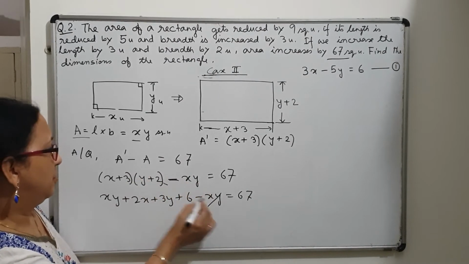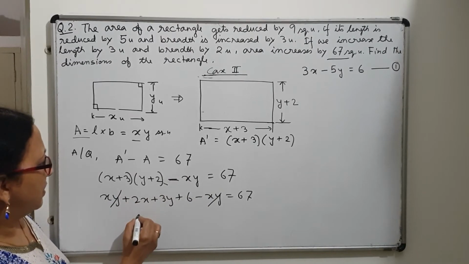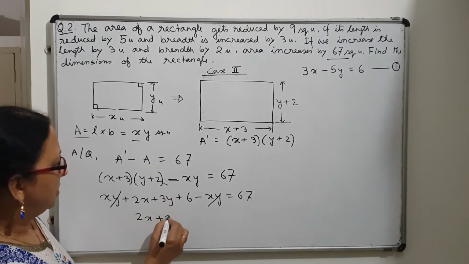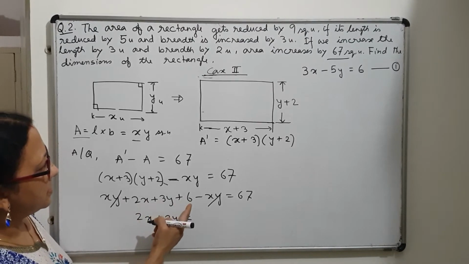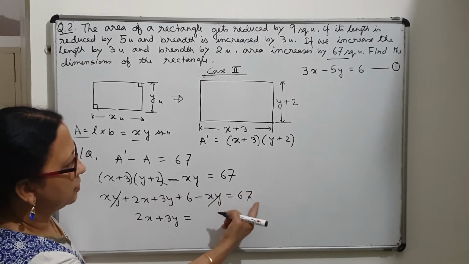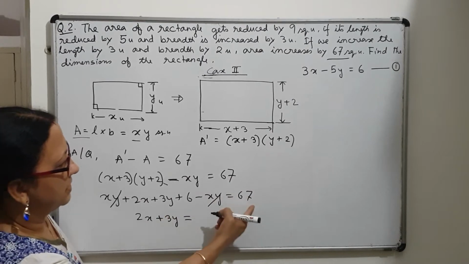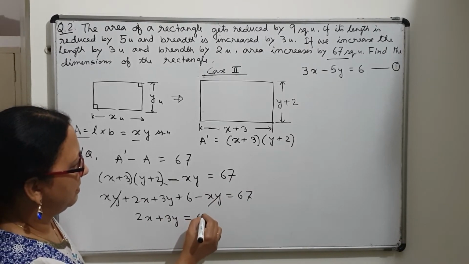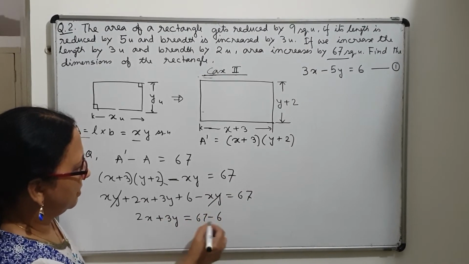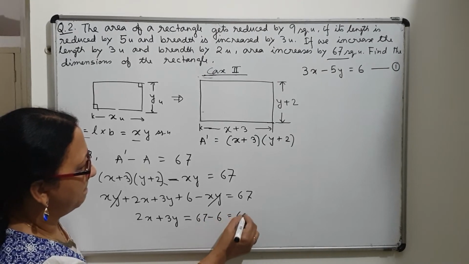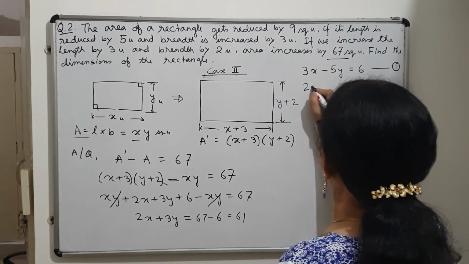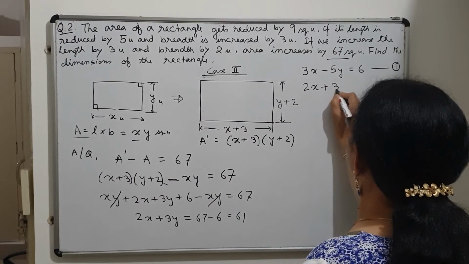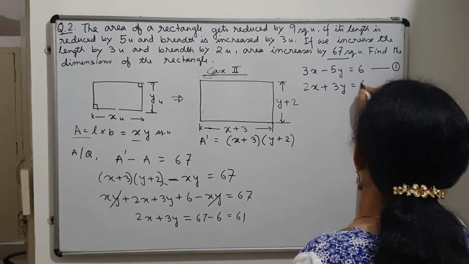So xy gets cancelled, and the equation is 2x plus 3y plus 6 is equal to 67. This 6 goes to the other side, so 67 minus 6 is 61. So the next equation is 2x plus 3y is equal to 61.